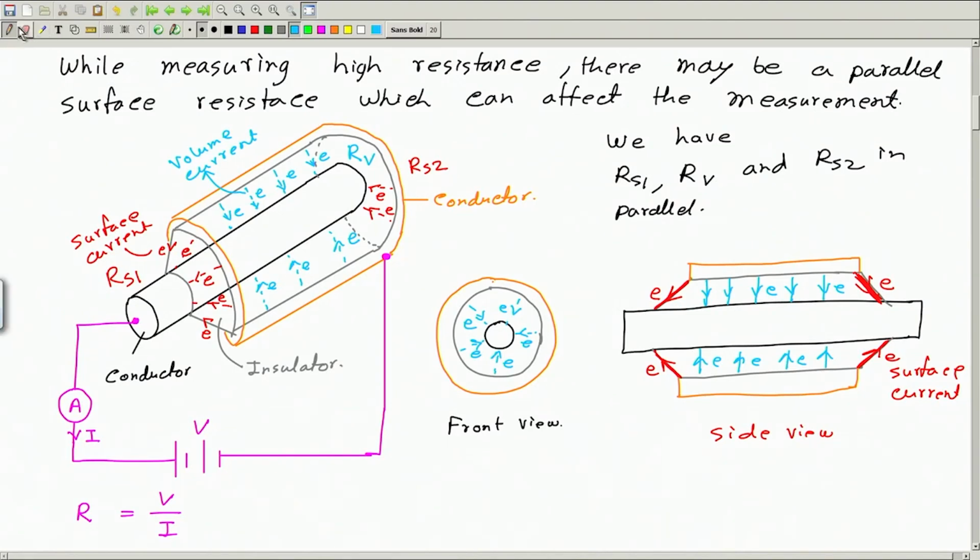Now, say we have a 1 kilometer long coaxial cable.